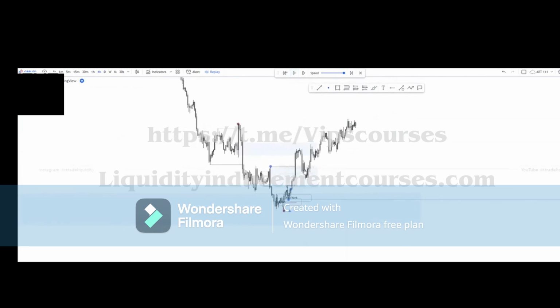Exactly. A breaker. You see that? A breaker. This is a higher time frame POI that was not respected. It was violated, meaning if an OB or POI is not respected, it turns into a breaker. And we fulfilled our overall target, like I mentioned in the beginning.